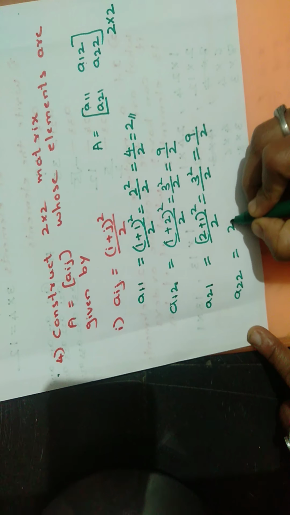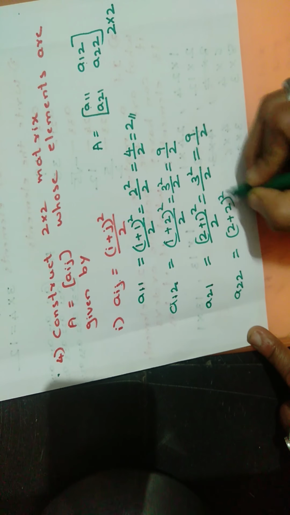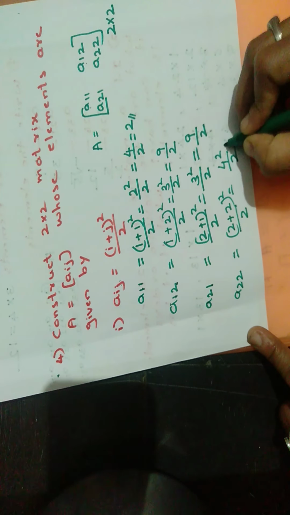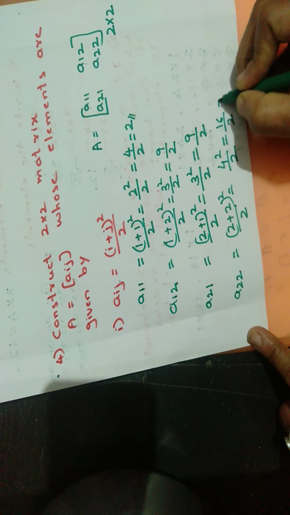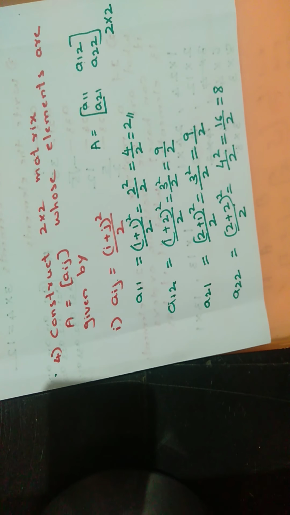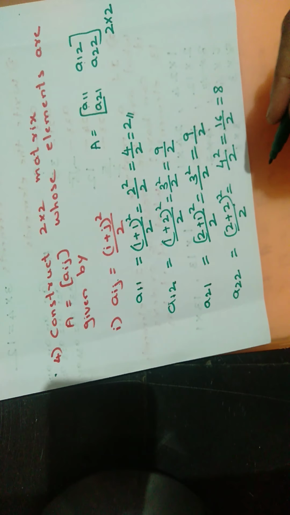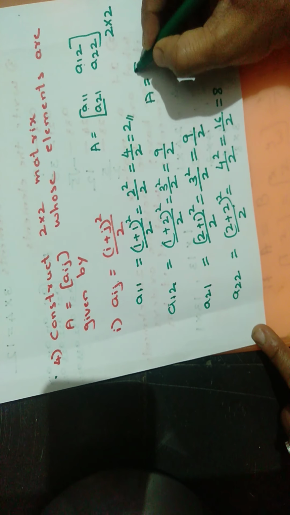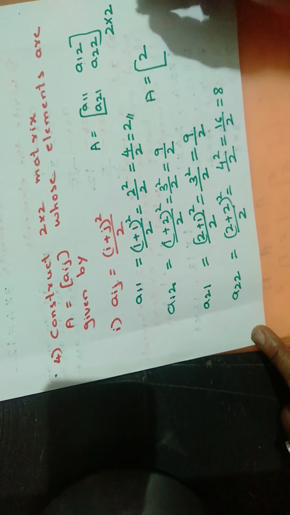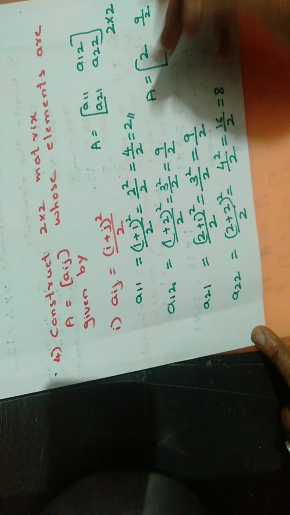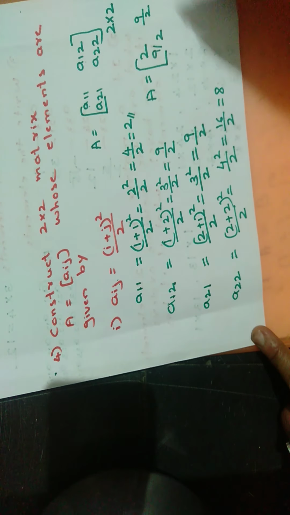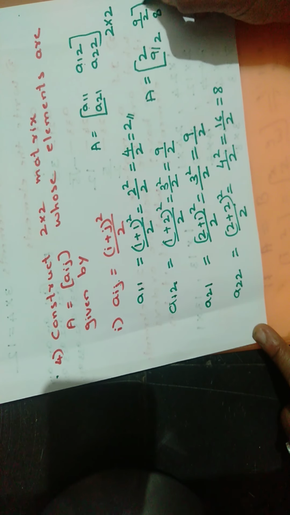A22 means (2 plus 2) whole square divided by 2, that is 4 square divided by 2, that means 16 by 2, that is we have written 8. So we find all the elements by substituting in the 2 cross 2 general matrix: A11 we get 2, A12 is 9 by 2, A21 is 9 by 2, and lastly A22 we have written, that is 8.